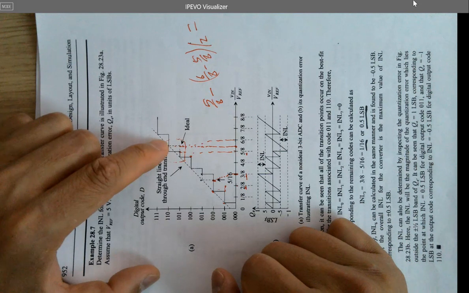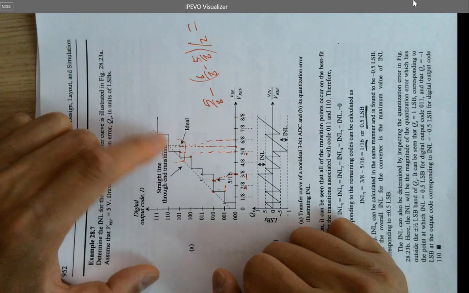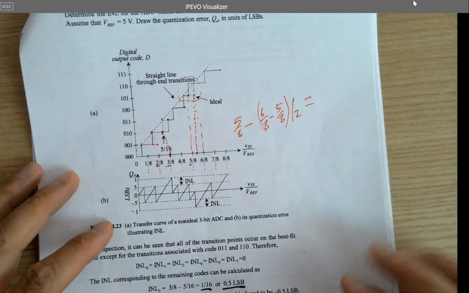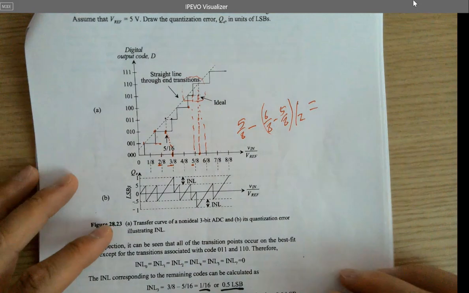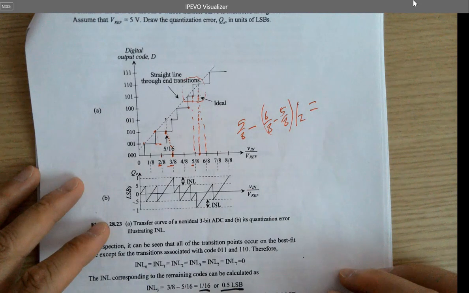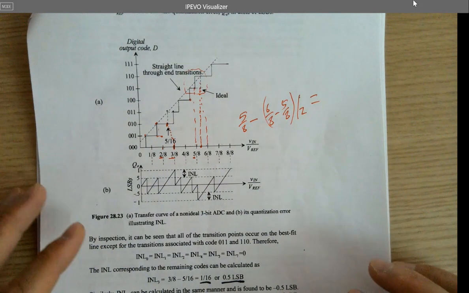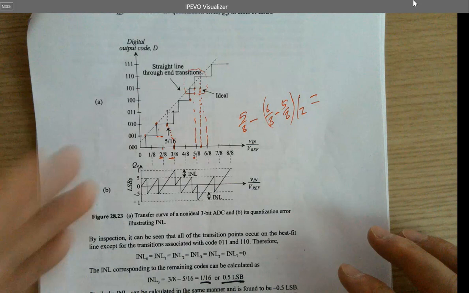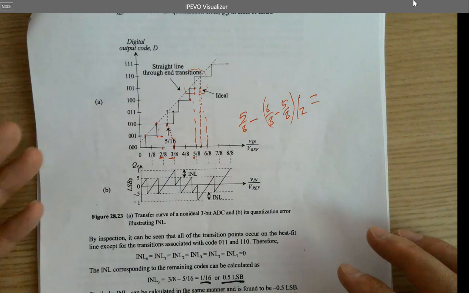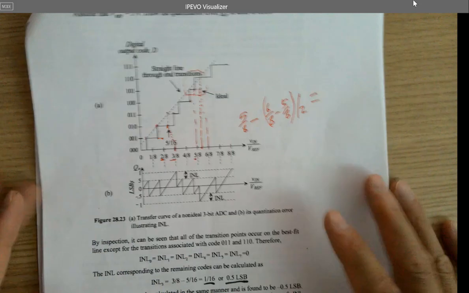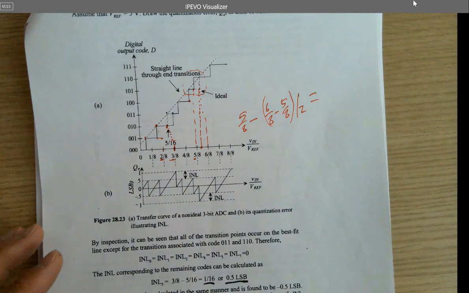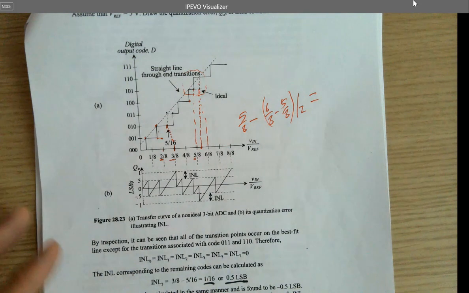So it's actually a negative number, so it's negative 0.5 LSB. So if you design an ADC in the future, these are the two most important specs of the ADC. You have to report them in the reports, the INL and DNL of the ADCs or DACs.